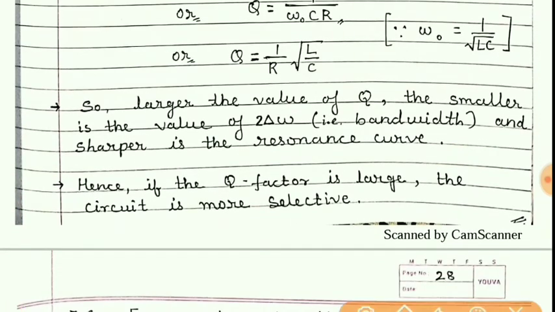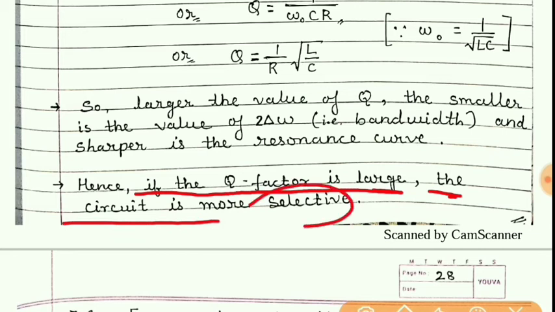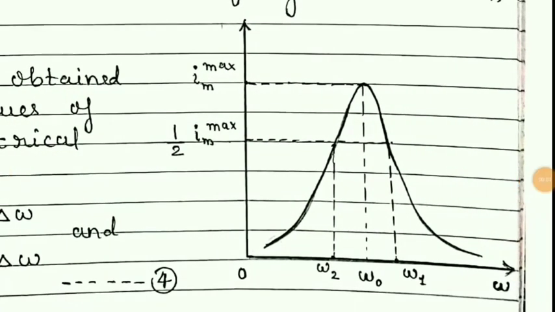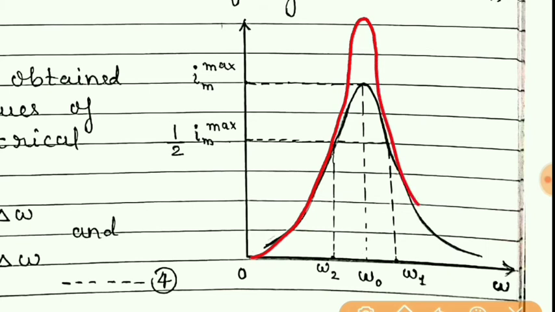Finally, if the Q factor is large, the circuit is more selective. So students, it is clear that if the curve is sharp, then its bandwidth will be less, and this type of circuit is preferred for resonance.